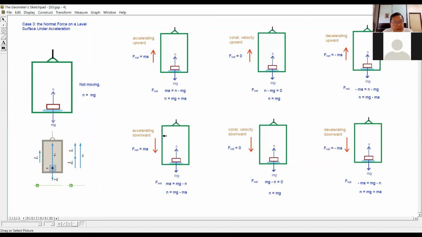So when the lift is accelerating downwards, the normal force is mg minus ma, which is the weight minus the mass times the acceleration.